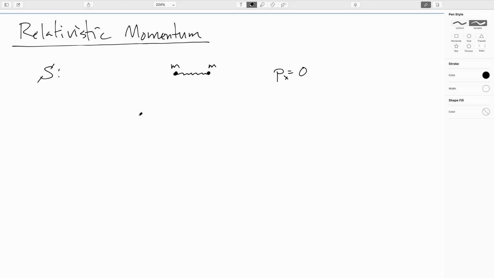Now, afterwards, we'll just ignore our massless spring. This mass is going to be going off to the left at minus ux, and this one will be going off to the right at plus ux, like that.